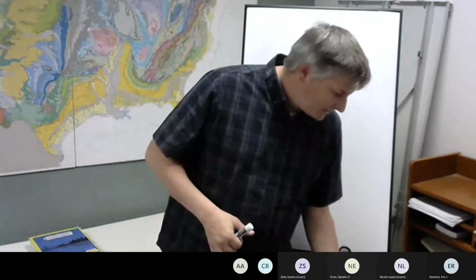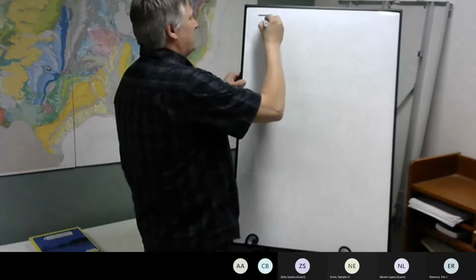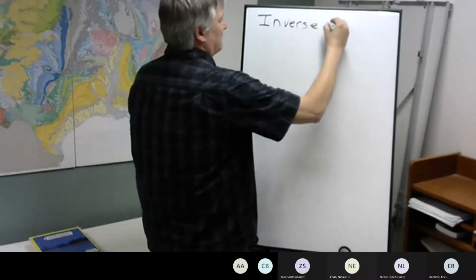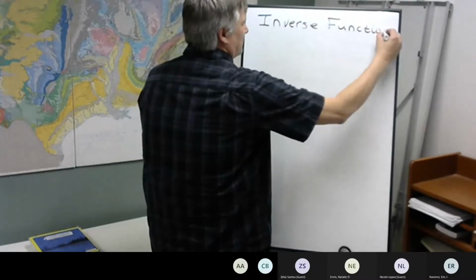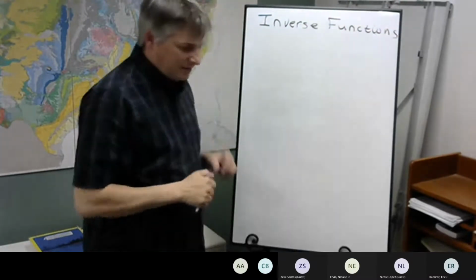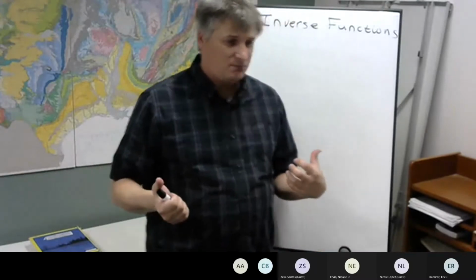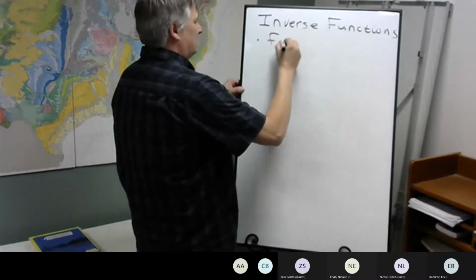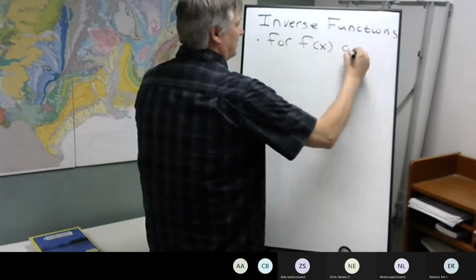So the next section, we're looking at 3.8, and we're doing inverse functions. Now, we've seen how inverse functions work before, and if f and f inverse are truly inverses, we're going to have the following property.